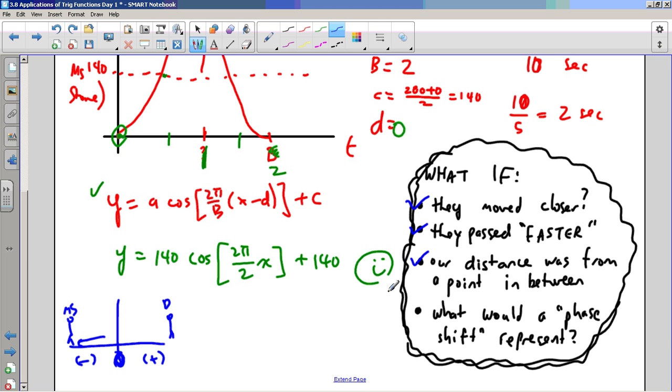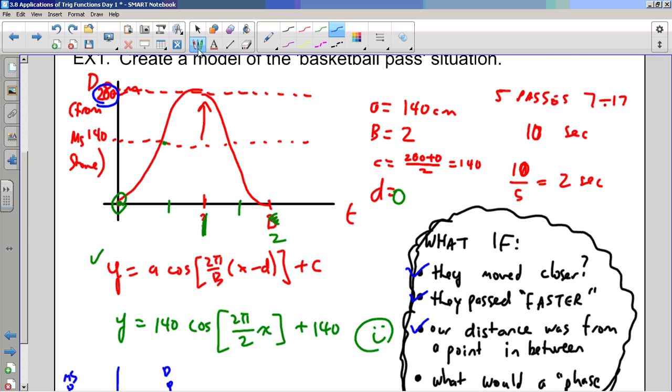What would a phase shift represent? Well, we kind of mentioned this earlier. A phase shift would represent this graph starting in a different position. Well, we kind of started it here just so it was easiest on us, right? We defined the time equals 0 as at some time when Miss Stone had the ball. But if that wasn't the case, it would be perhaps somewhere in between.